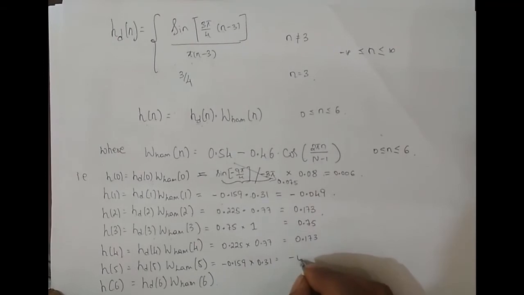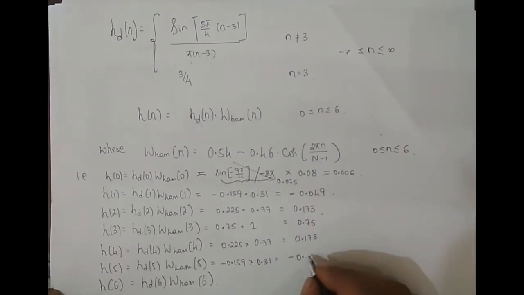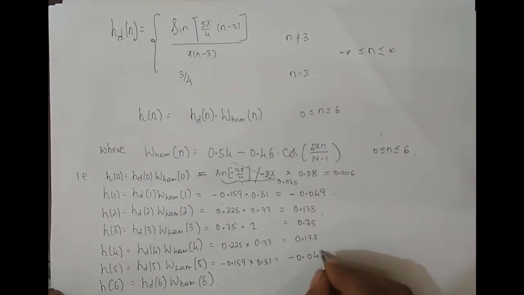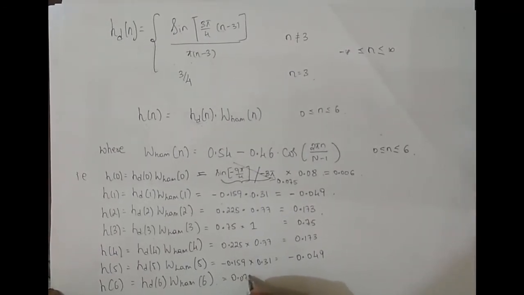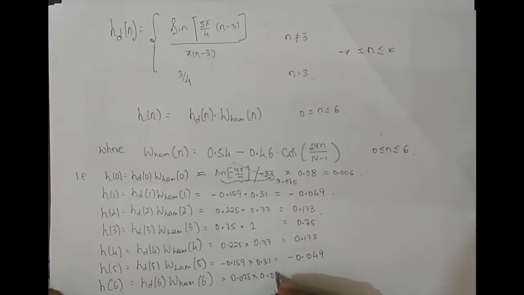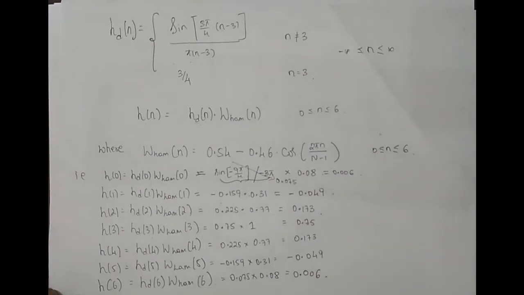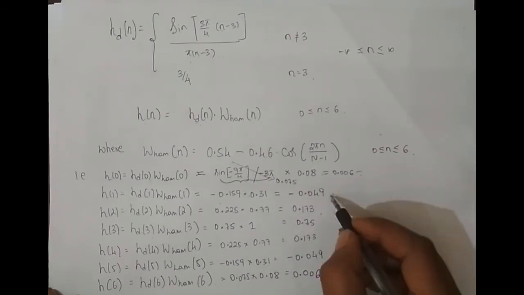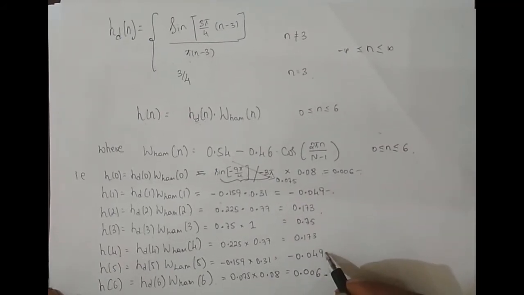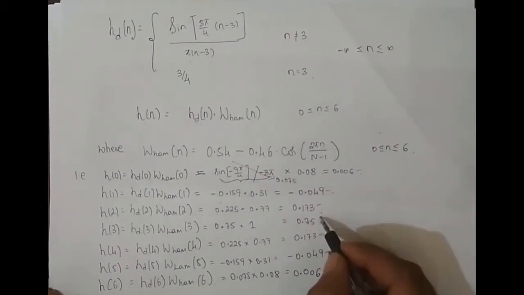This is equal to minus 0.049. hd of 6, we get 0.075 into w Hamming of 6, we get 0.08, and this is equal to 0.006. Fine. So if you observe, it's symmetric, right? So the first is equal to the last, second is equal to the last but one sample, third is equal to the last but two sample, and so on.